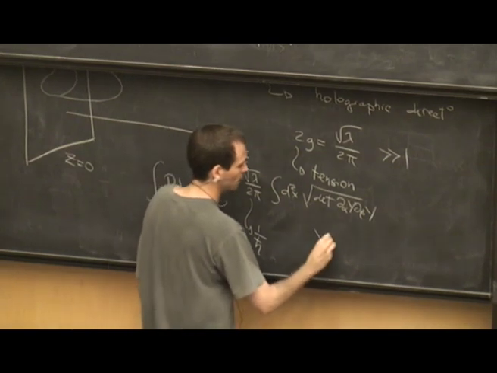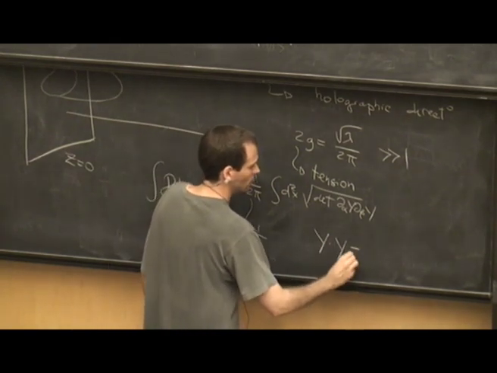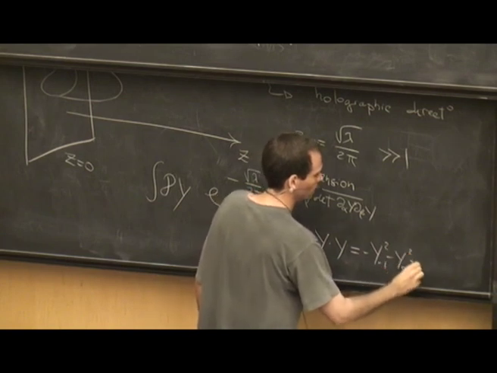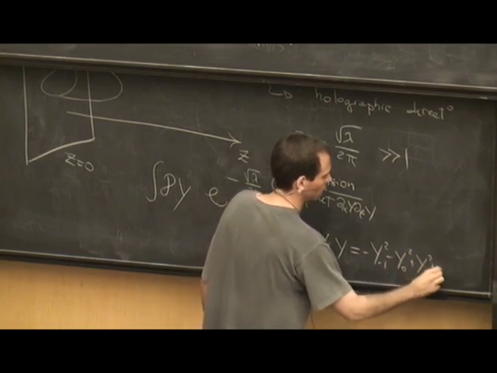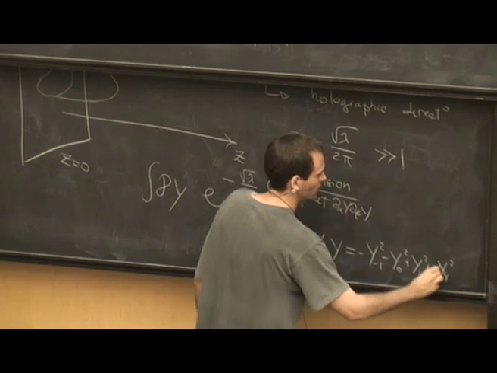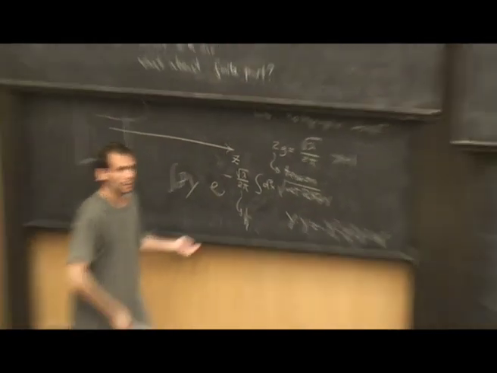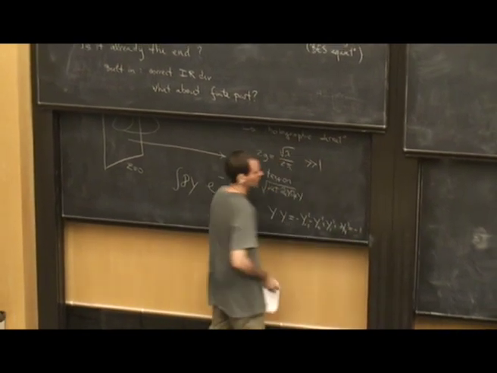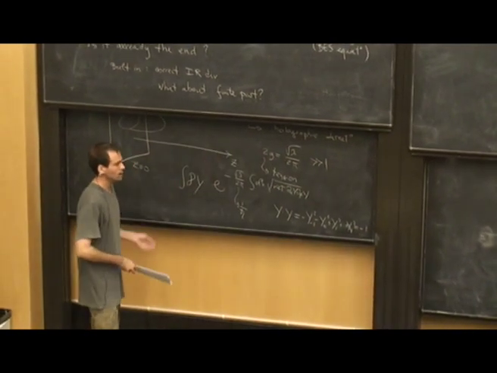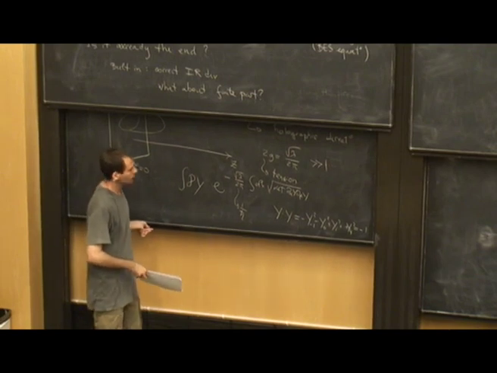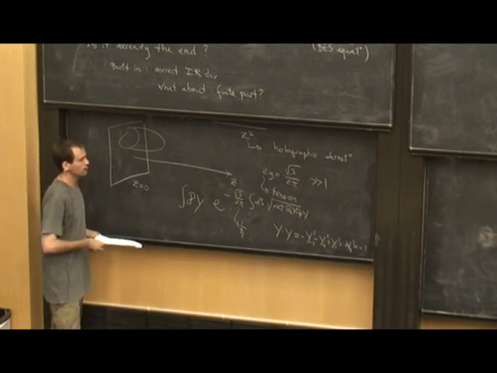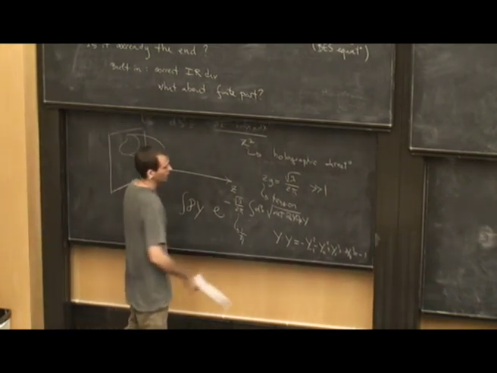These embedding coordinates are defined like this, plus Y1 squared up to Y4 squared. They live in a 6-dimensional space. This is the same space as introduced by Osborne. And to restrict to AdS5, we impose this condition. You can solve for this identity if you want.